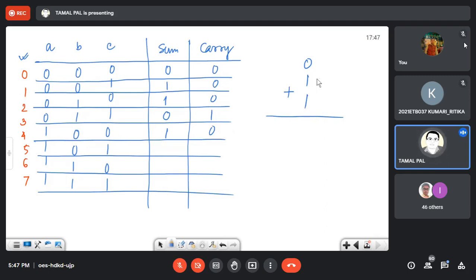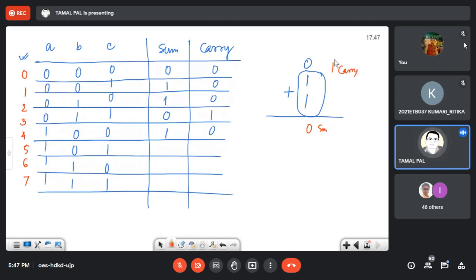Now, if it is 2-bit addition, then after this, what do you get? Sum 0 and carry 1. Okay, sum 0 and carry 1.